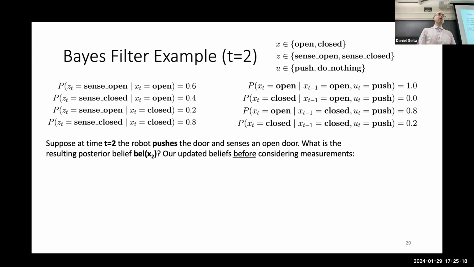So before we consider the measurement, that would be the overline. So you have belief overline of x2, and you have this thing here, belief of x1 is open versus x1 is closed. We computed that already.